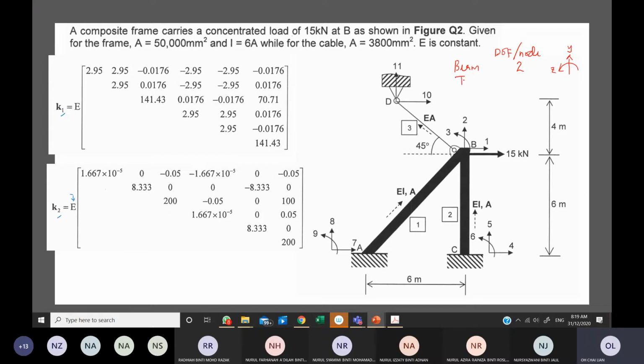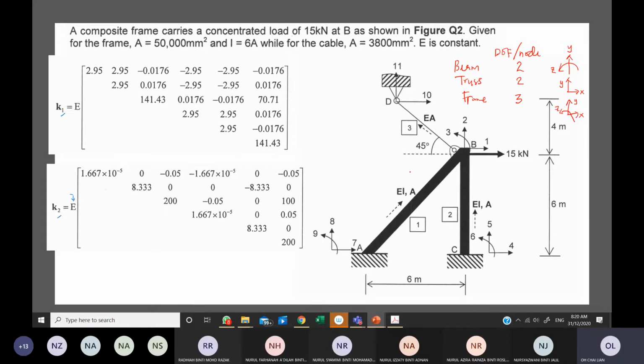For a truss, you also have 2 DOF per node, which are the Y direction and the X direction. And for a frame, you have 3 DOF per node, which cover the X direction, Y, and also the Z direction.